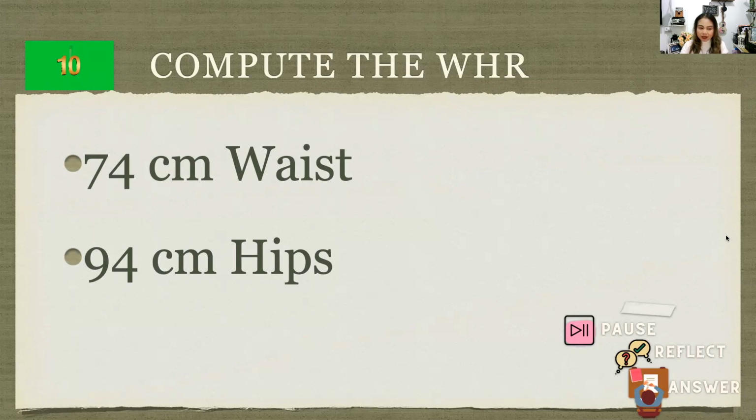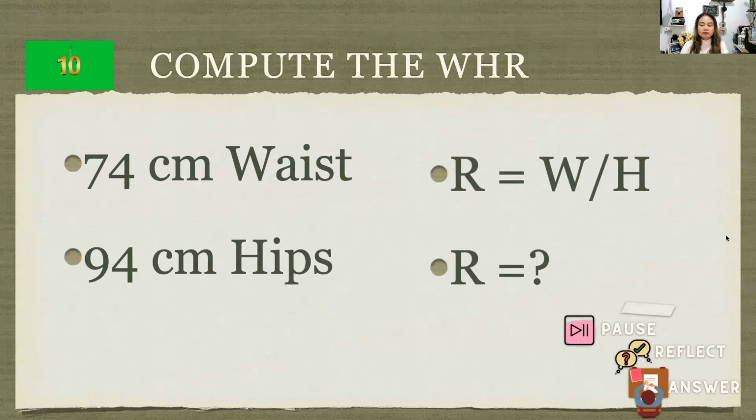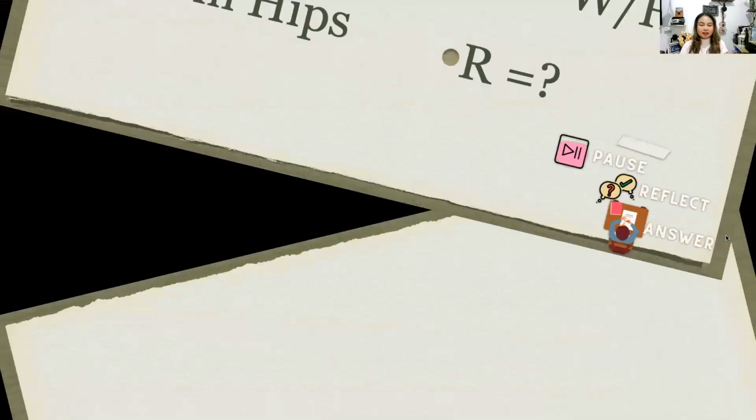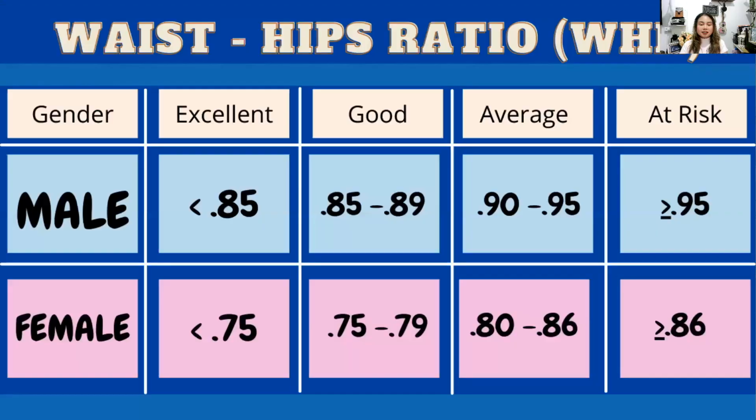Again, just simply divide 74 by 94. There you go. So I believe you were able to get the result.